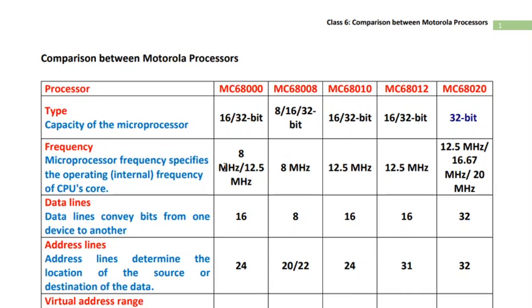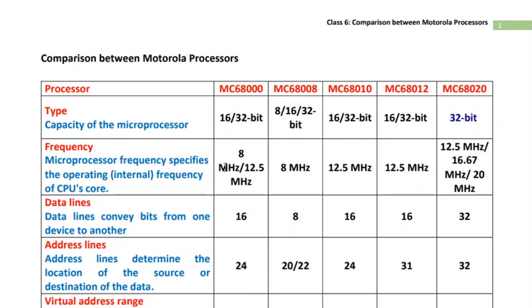MC68000 is a 16/32-bit microprocessor. Likewise, 68008 has 8-bit, 16-bit, and 32-bit variants. MC68010 has 16 and 32-bit variants. MC68012 has 16 and 32-bit variants, whereas MC68020 is a 32-bit microprocessor. Now, operational frequency.